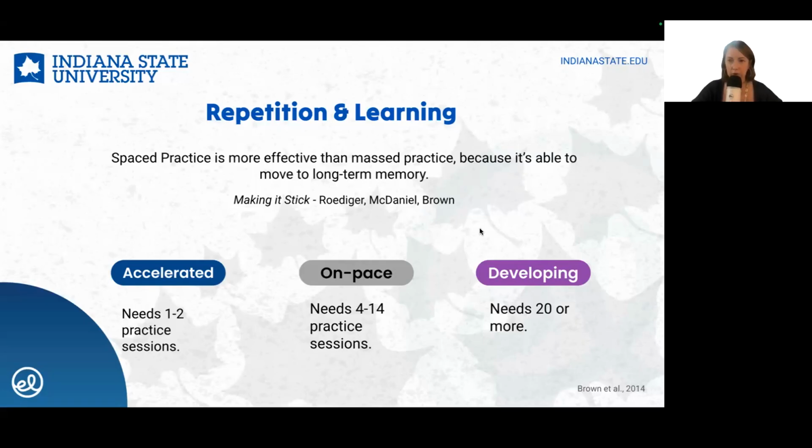Our developing learners or our striving readers need 20 or more practices with a concept and skill. So if we transfer that back to our handwriting fluency practice, our decoding or reading out loud practice, so often students just aren't getting the amount of practice that they need in order to become proficient, that they get left behind.